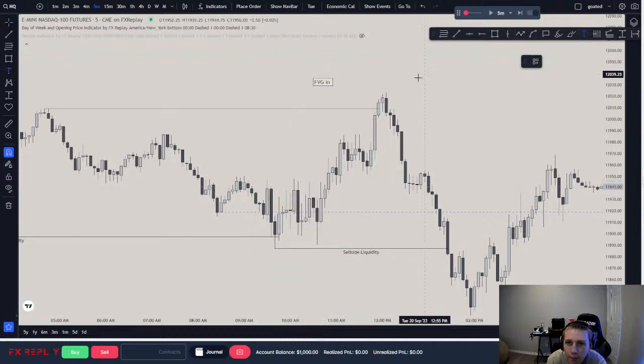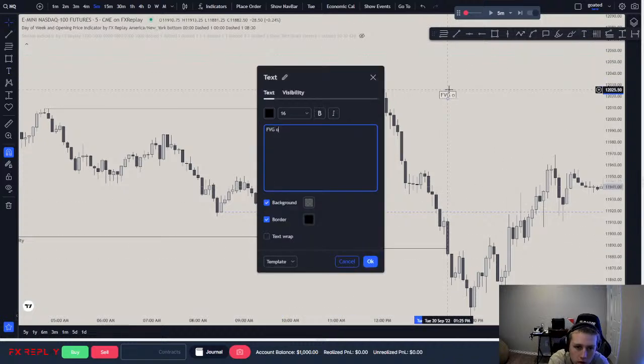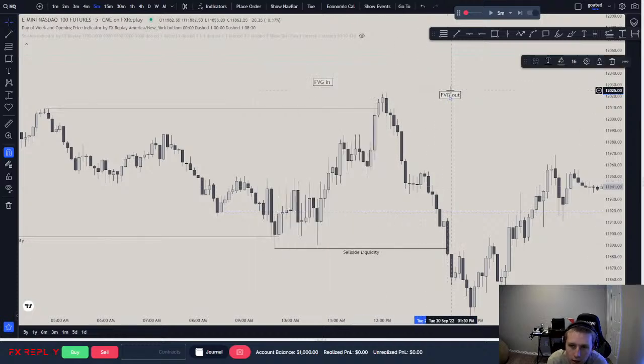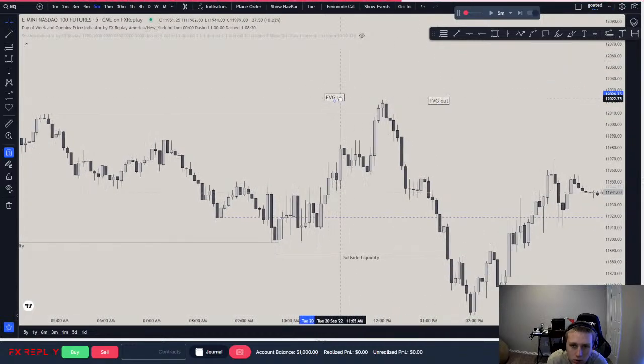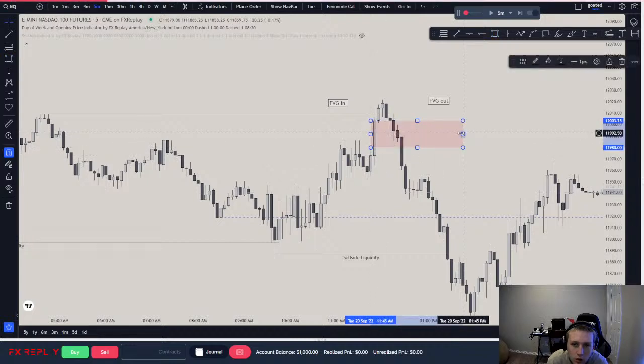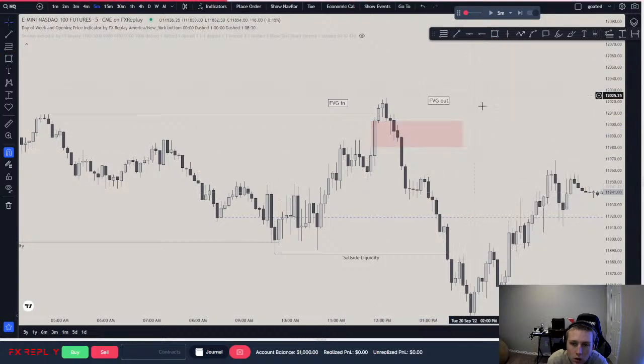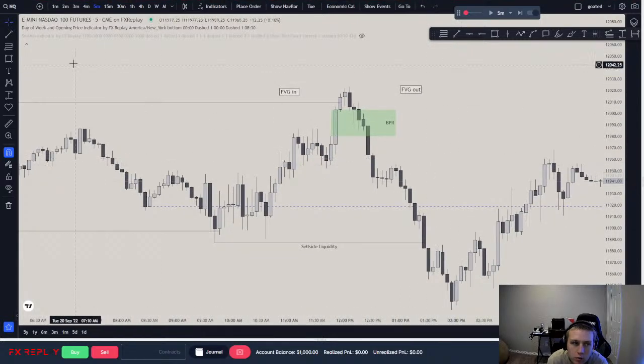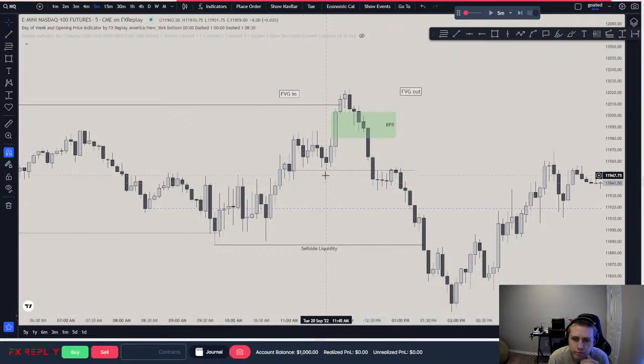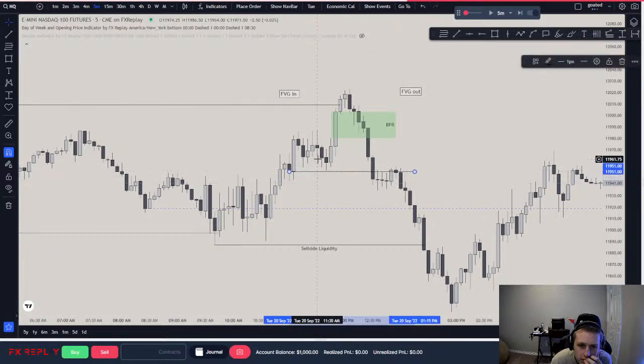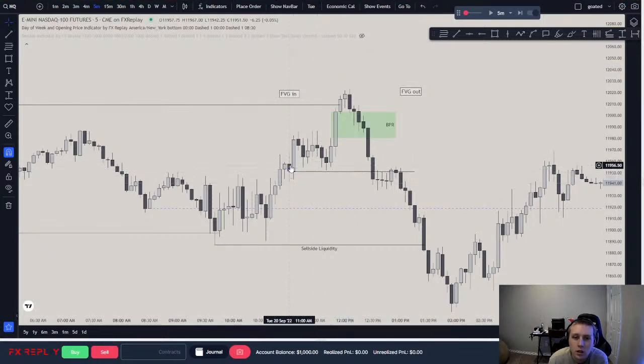Fair value gap out. So once we have a balanced price range, the breaker is going to be responsive. In this case, it was this as being the breaker.